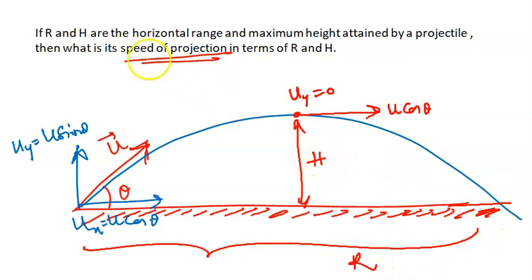Now we are asked to find the speed of projection in terms of R and H. Let me consider the basic formula for maximum height. As we already know, h max is equal to uy square by 2g.